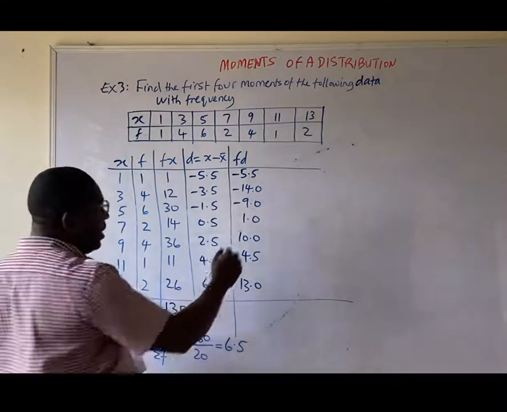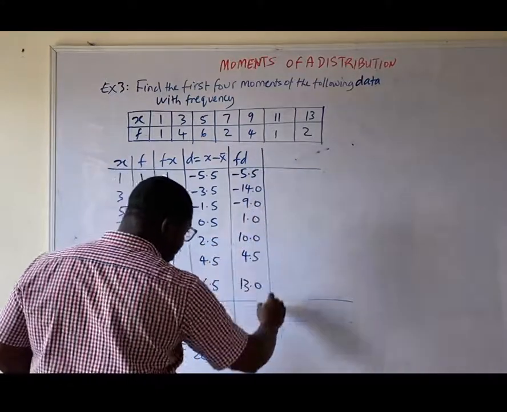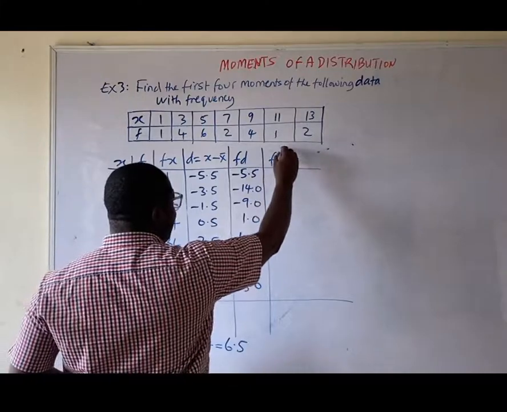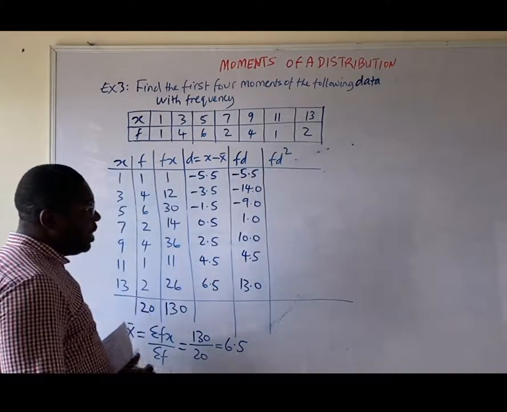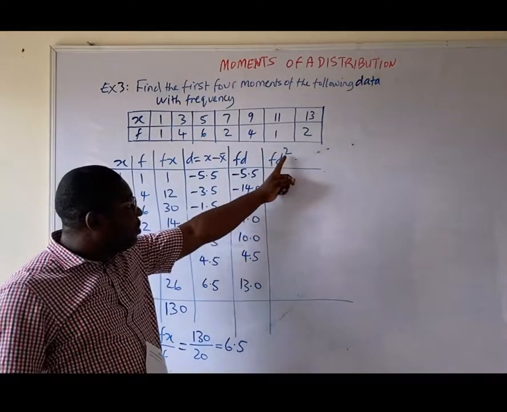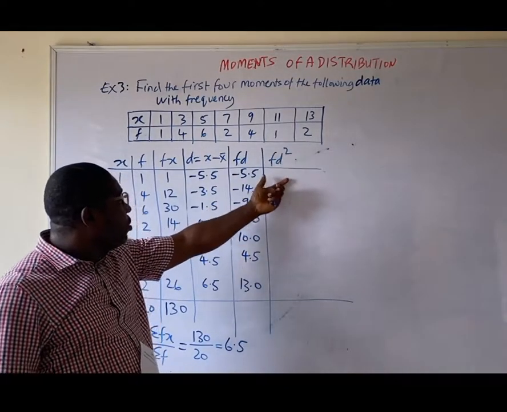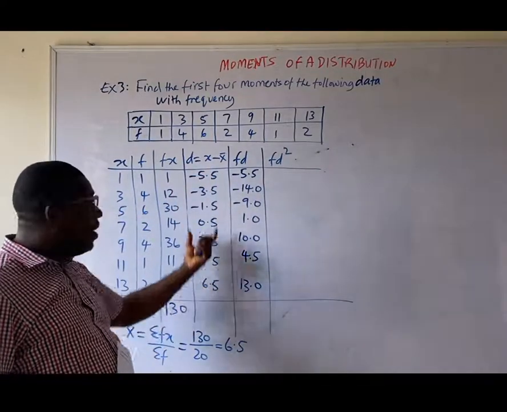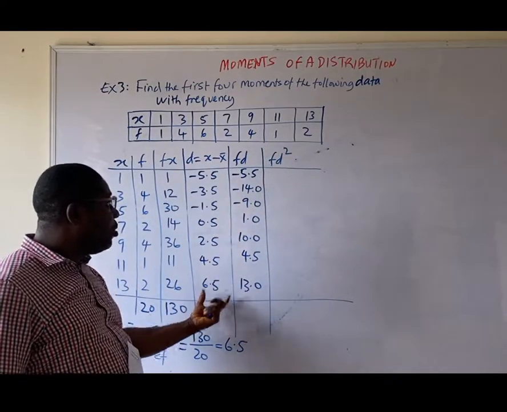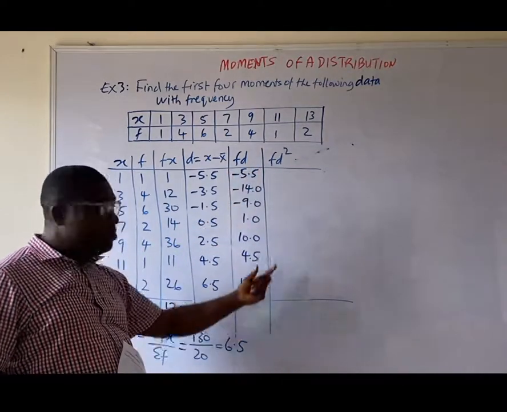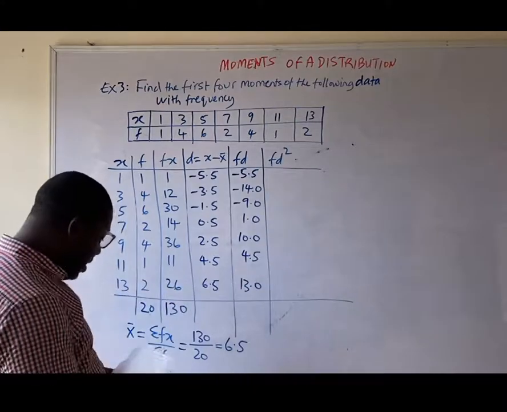Let's look at the second degree of deviation, and that is FD raised to power 2. To get the second degree of deviation, you multiply the value of your deviation D, this column, by the FD column. We're going to do that here together.